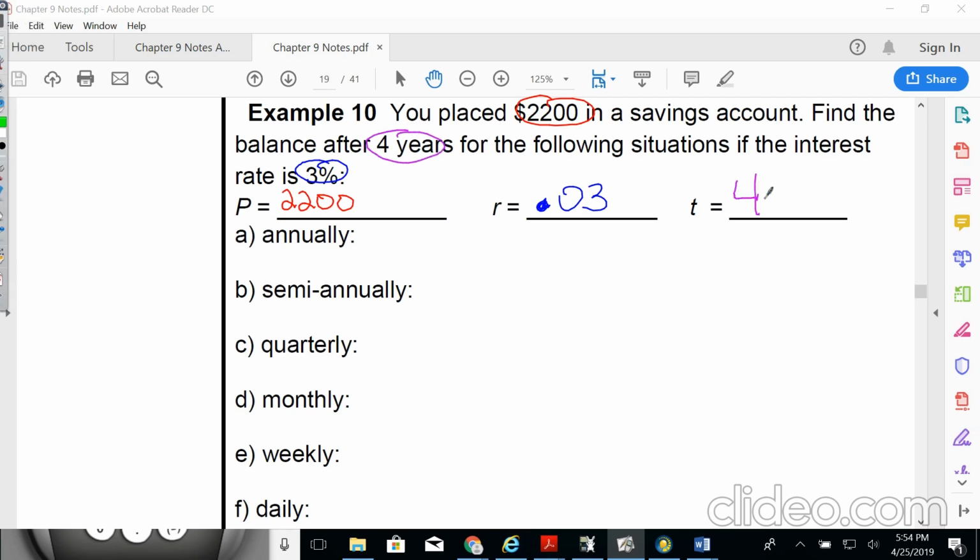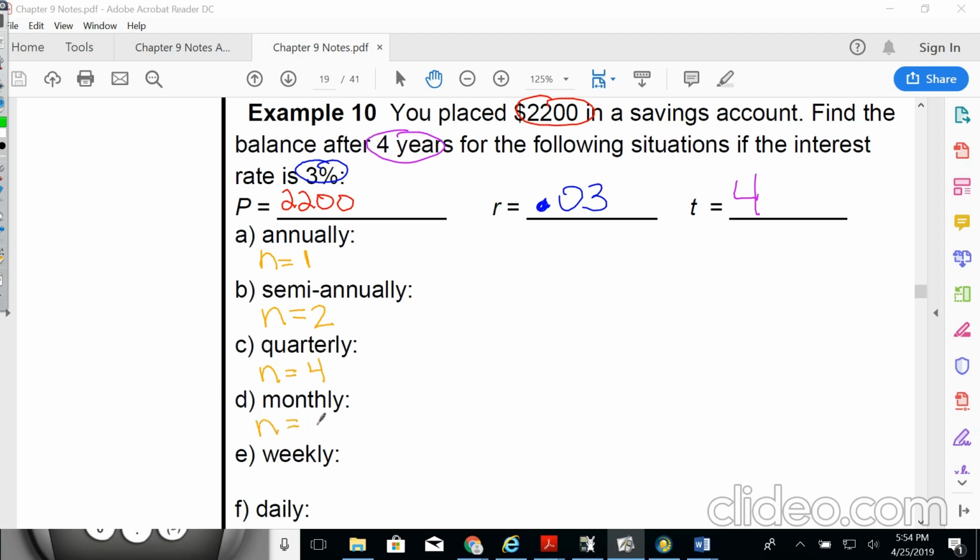The only thing that's going to change is the frequency at which we compound it. So for the first one, annually would be n equal to 1 because it's only compounded one time. B, semi-annually, is twice a year, so n is 2. Quarterly, 4 times a year.